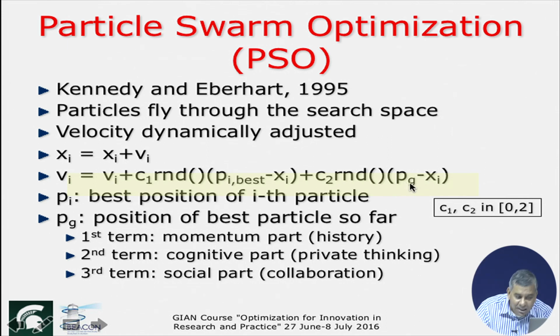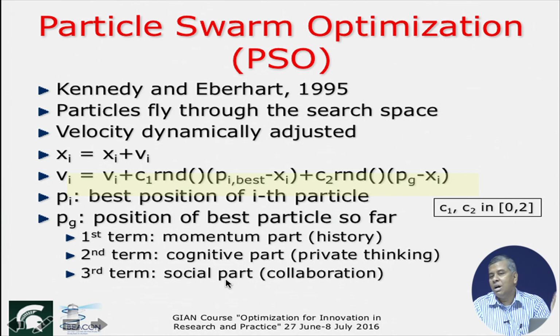So PG is that location, and this is your current location. This is the difference. Again, you multiply by another factor C2 and a random number, a random vector. Usually they keep C1 equal to C2, between 0 and 2. So there are three aspects: the momentum part, which is the velocity; the cognitive part, which is your own, where you try to go back to your own best; and the social part, where you look at the whole school, see where anybody had the best location ever, and all try to go back to that one.